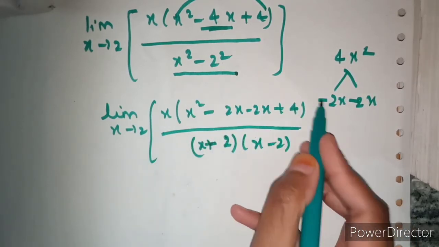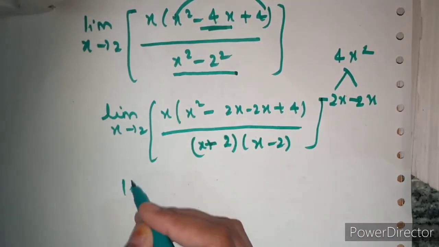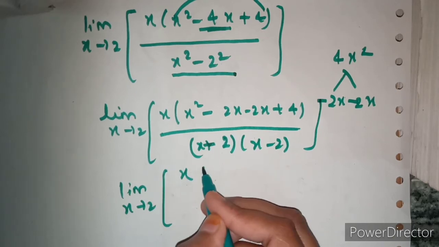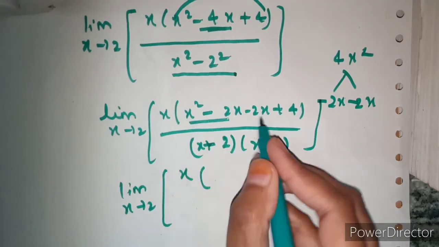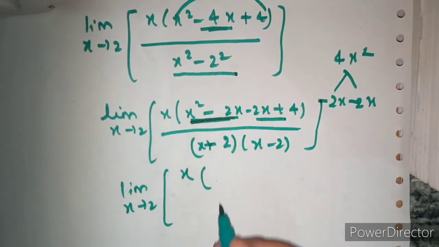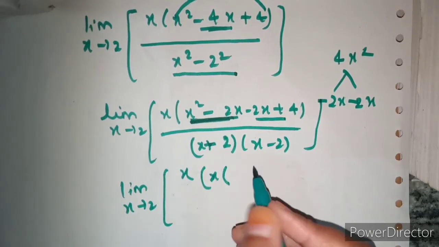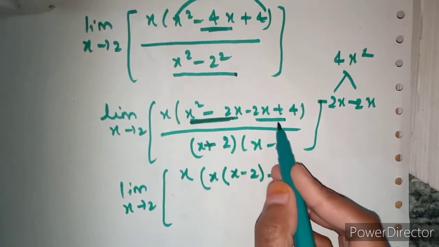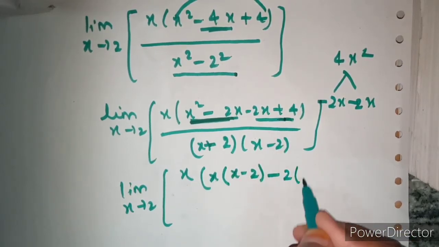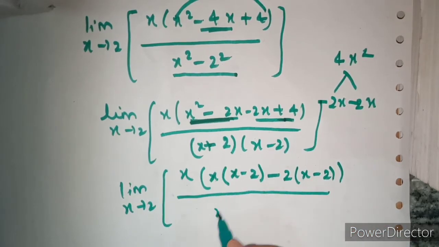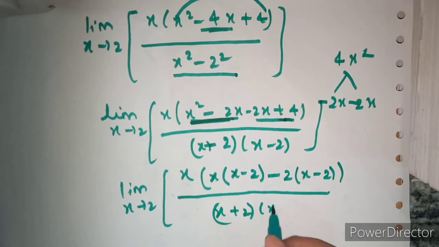Now limit x tends to 2, x as it is. So group these numbers, which is common here. In between these two, x is common, so take x outside. If I take x outside, we are left with x minus 2. Again in this, minus 2 is common, so we have got minus 2. Again x plus 2, x minus 2.